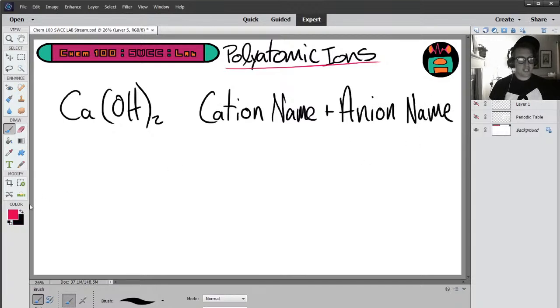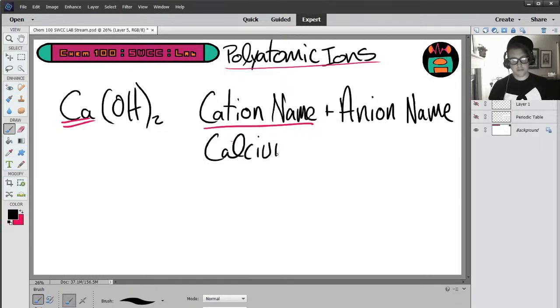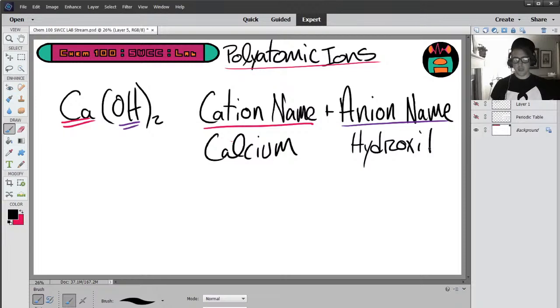Here the cation name is calcium, and the anion name is hydroxide.